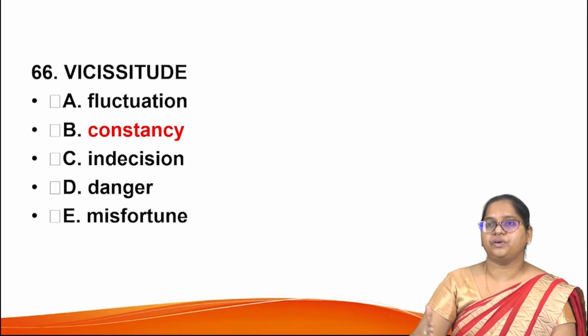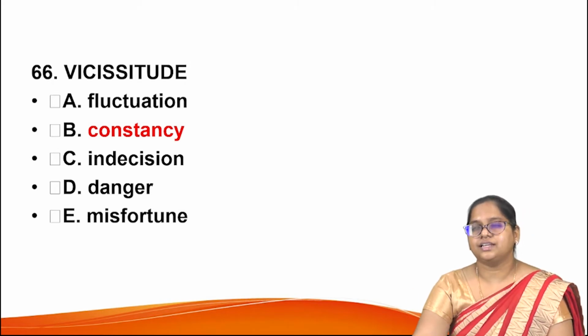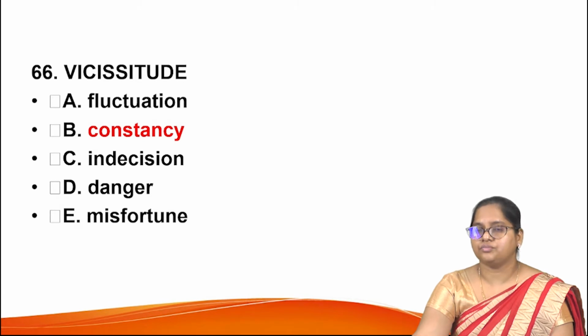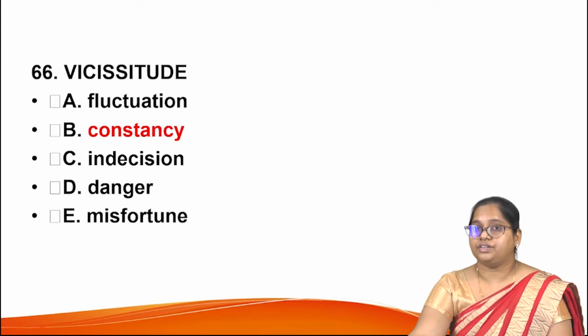Fluctuation: you fluctuate, you move from here to there and back, without being stable. Next, constancy. Constancy means being very stable, staying in the same position. Next, indecision. You are indecisive, not very decisive.